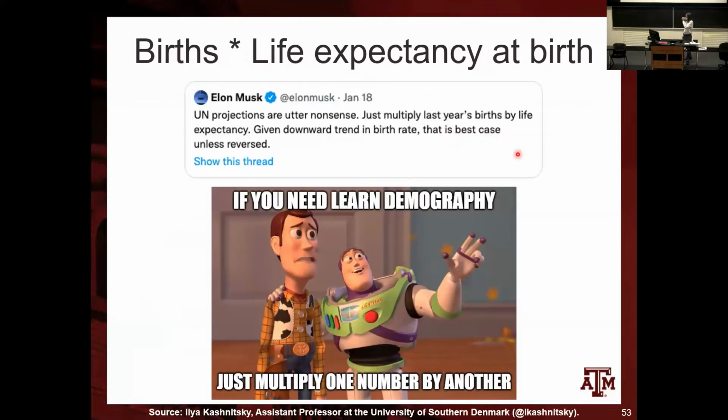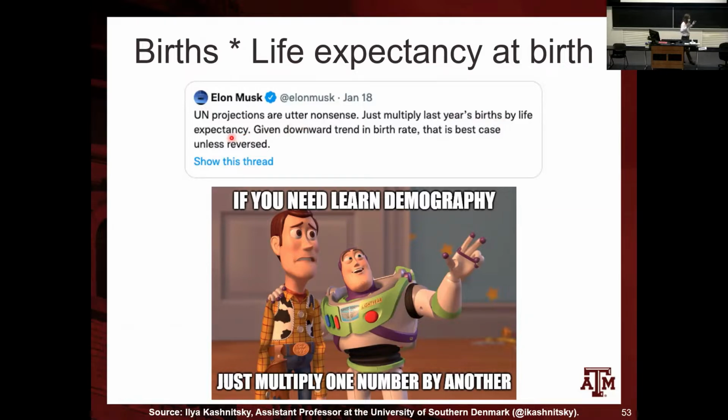And then I showed you this debate that the demography community had on Twitter early this year in January, because of this tweet, a series of tweets actually, posted by Elon Musk. He was criticizing the United Nations projections and saying that an easier, quick way to project the population to the future is just to multiply last year's births by the life expectancy.